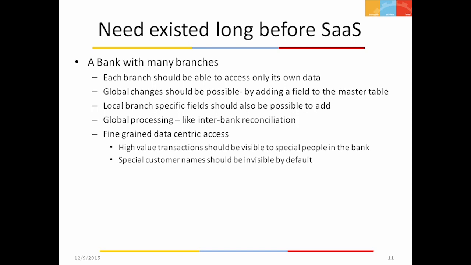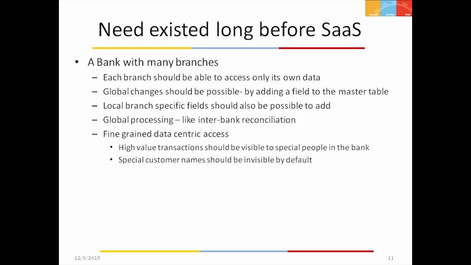For example, high-valued transactions should be visible only to the special people in the bank. Special customer names should be invisible by default. Such things are data-centric access, which could be another requirement.